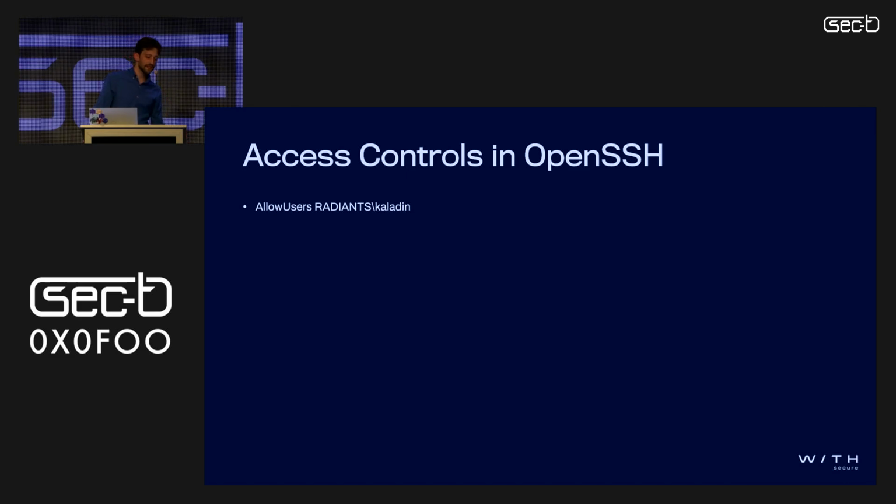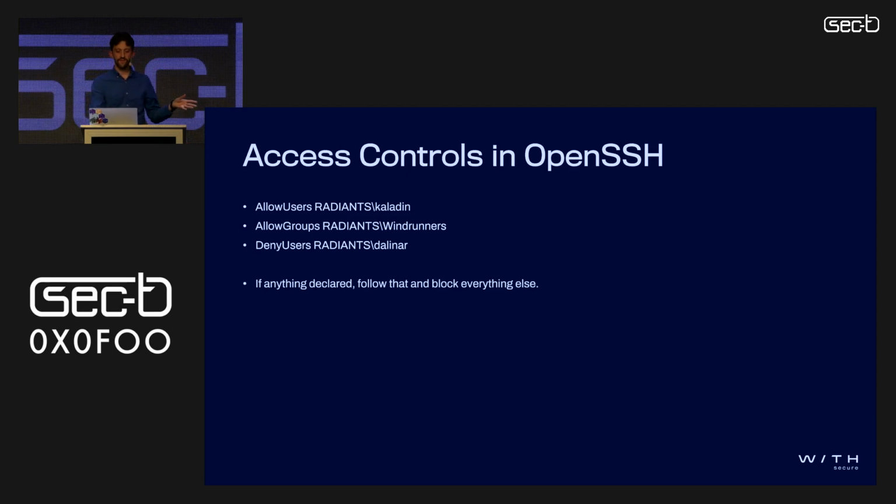So essentially, access controls in SSH are configured through the sshd_config file. Same as in Linux, just the location is different, right? So you define things like AllowUsers Caledon, and oh, surprise, surprise, that user can get in. AllowGroups, same thing. DenyUsers, DenyGroups. Nothing weird going on there.